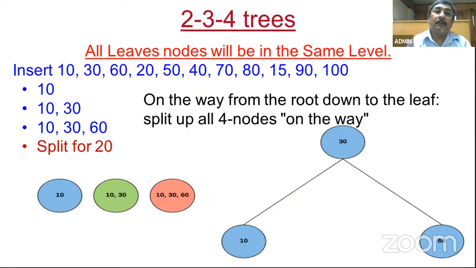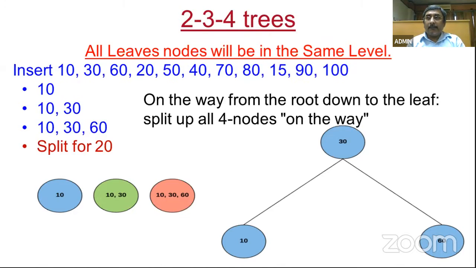A 3 node has 3 pointers, left, middle, and right, and therefore it has 2 data values, or key values. And a 4 node has 3 data values and 4 pointers. Now, at the leaf node, understandably, these pointers are set to null. These links are the left link, the middle links, and the right link.